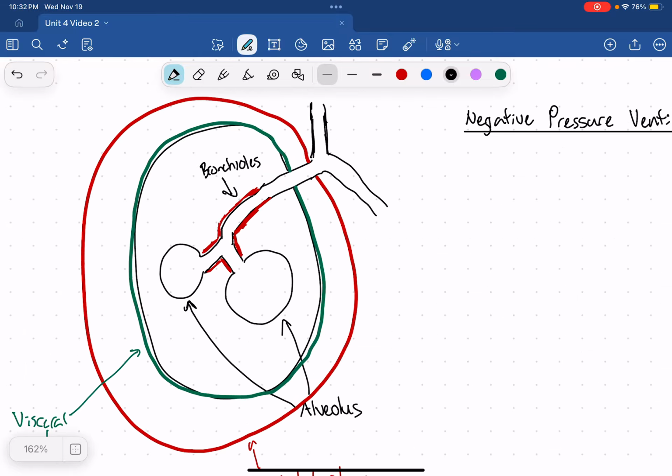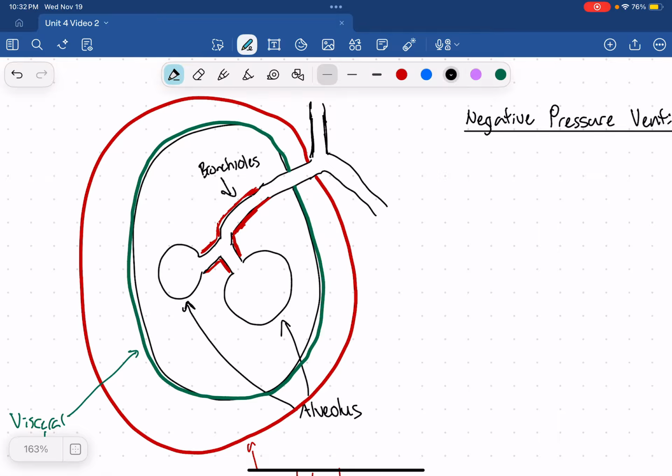So within our lungs, the air sacs we have are the alveolus, and these things will be increasing in diameter as air fills them.